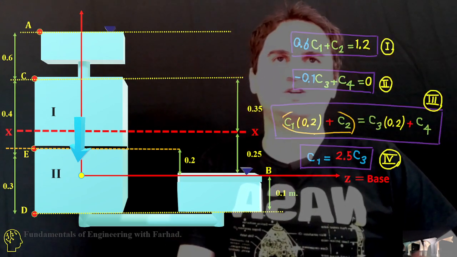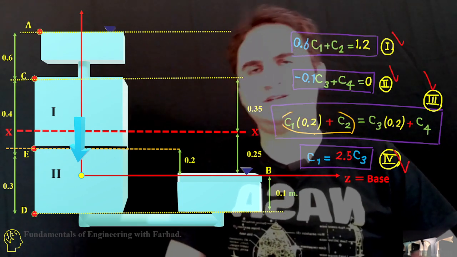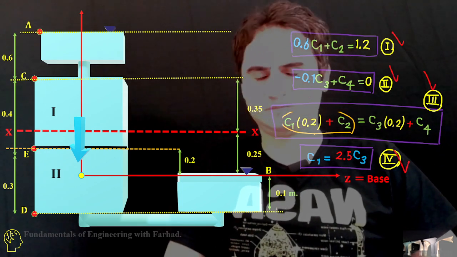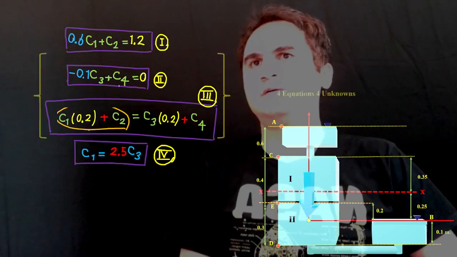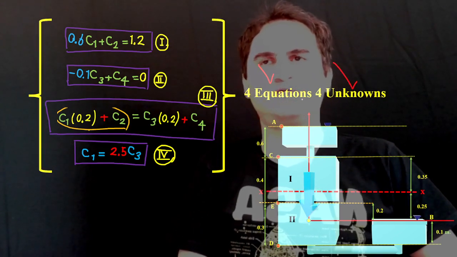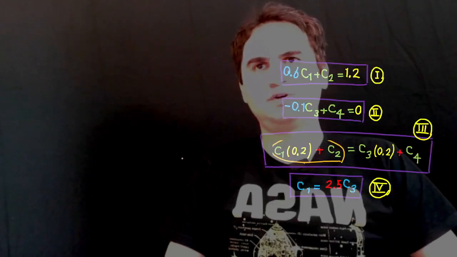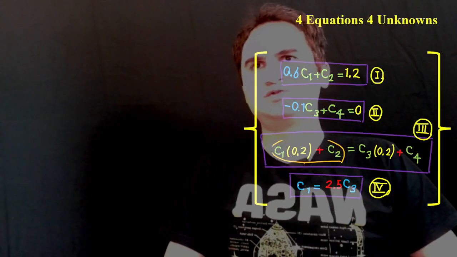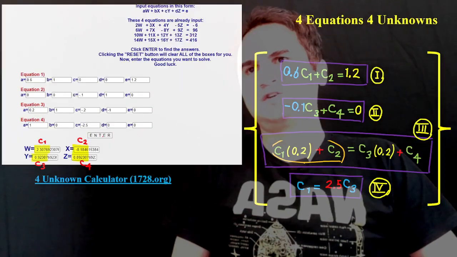Then if we jot down all the equations, we can create a system with 4 equations and 4 unknowns. And if you solve this system of equations, it just gives you the constants which we are looking for.